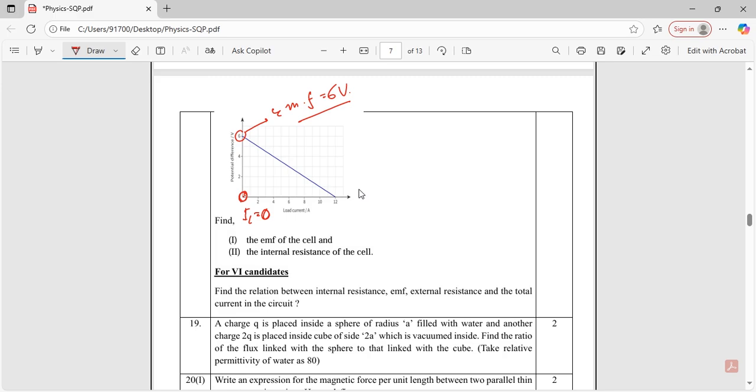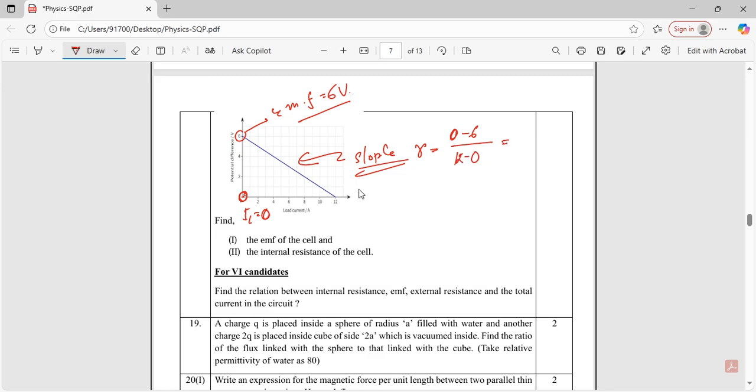So the slope represents the internal resistance. The internal resistance is equal to V by I. Here V goes from 0 to 6, and the current goes from 12 to 0.